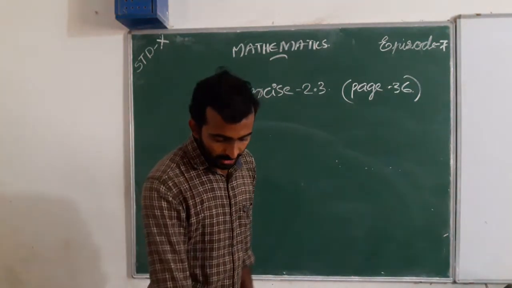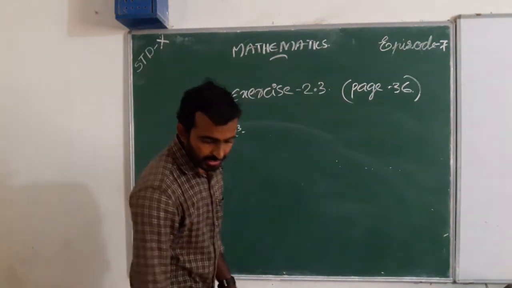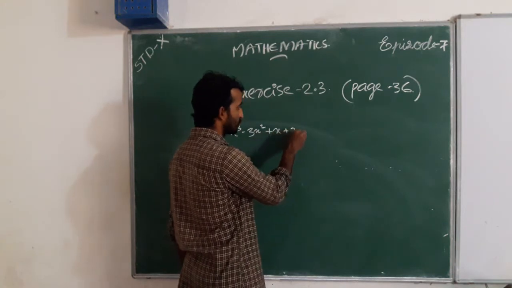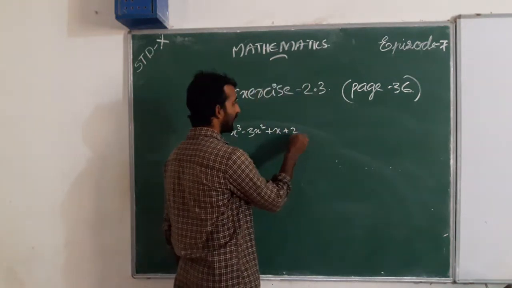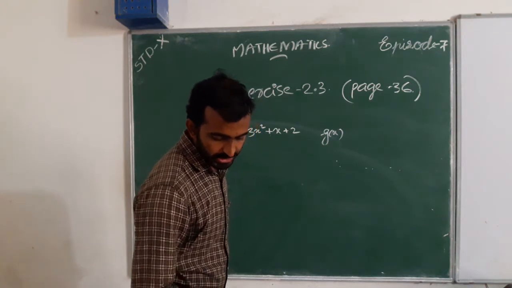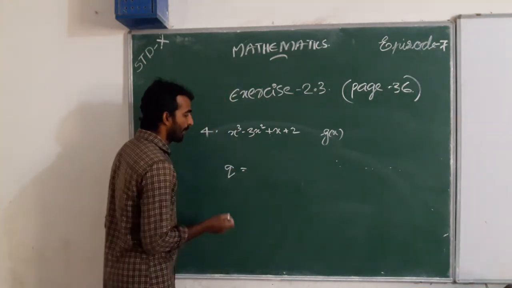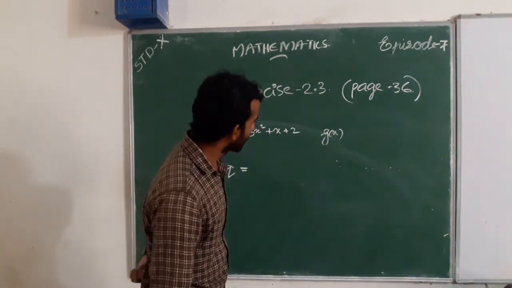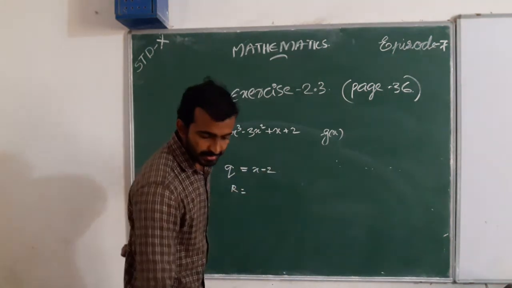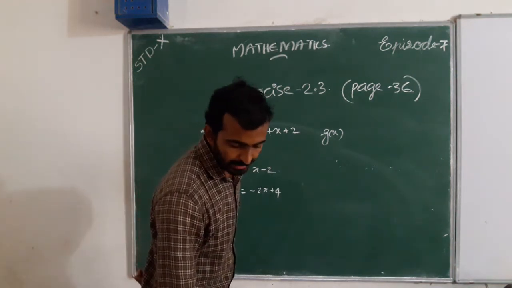Fourth question: on dividing x cube minus 3x square plus x plus 2 by a polynomial g of x, we get the quotient x minus 2 and remainder minus 2x plus 4.